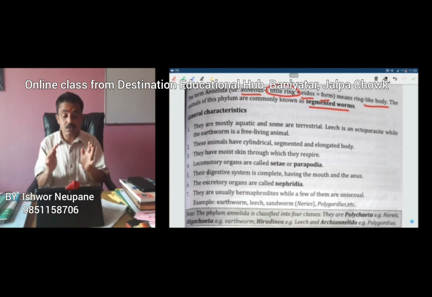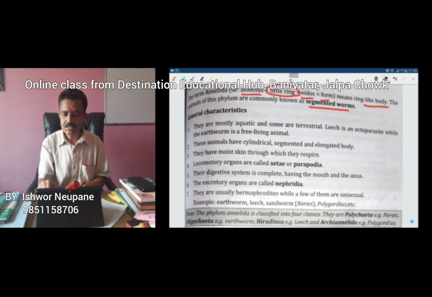Annelida are those animals which have ring-like structure in their body. These animals are segmented. Suppose their body is like this, there are small segments like this. These are the segments present in Annelida.